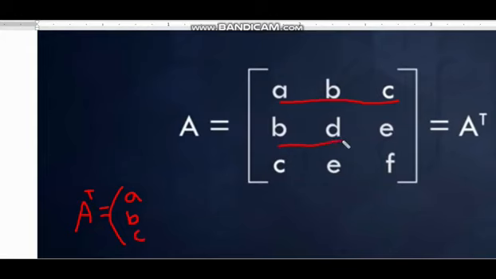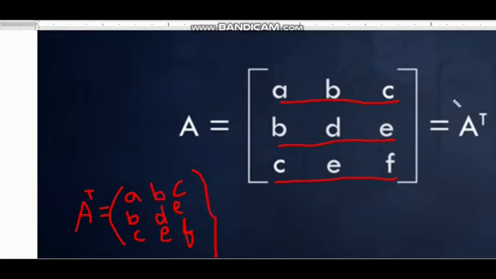And the second row is B, D, E. You write it as the second column, B, D, E. And the third row is C, E, F. You write it in the third column, C, E, F. Therefore, I have found out A transpose by interchanging the rows into columns.